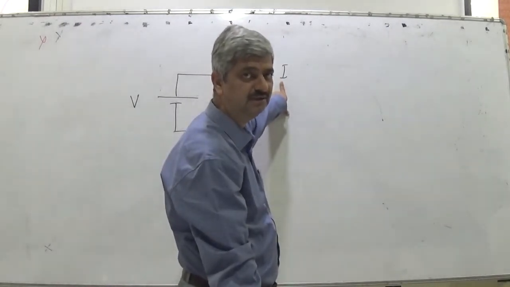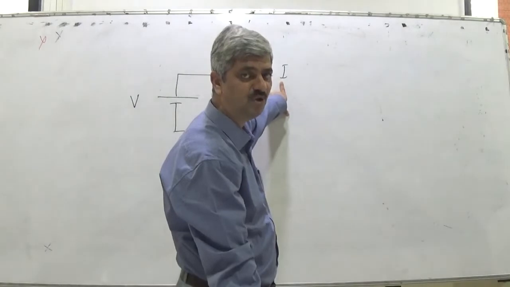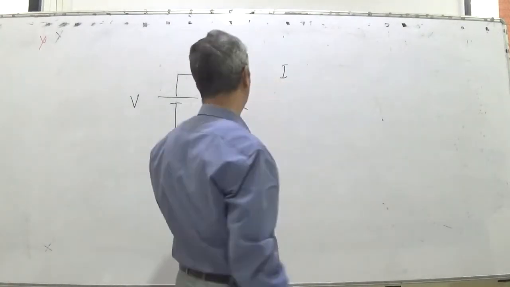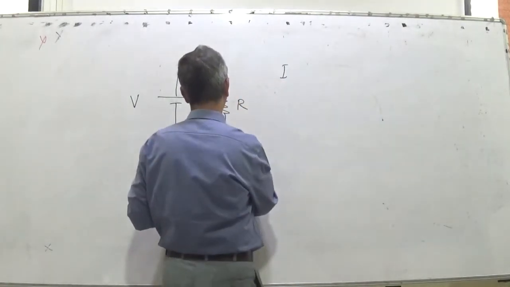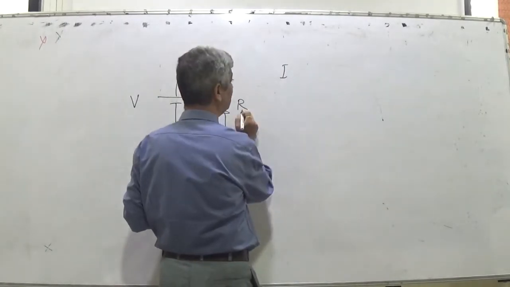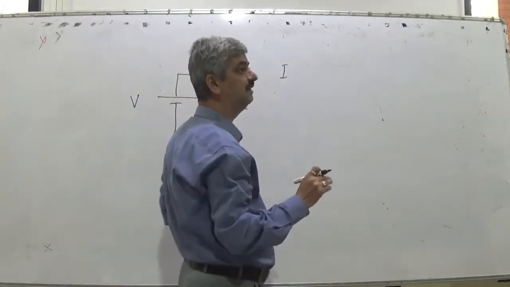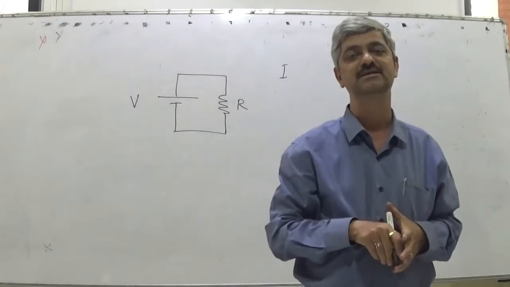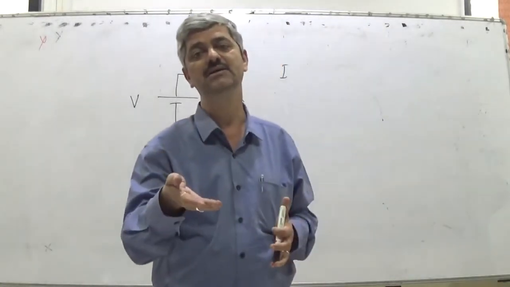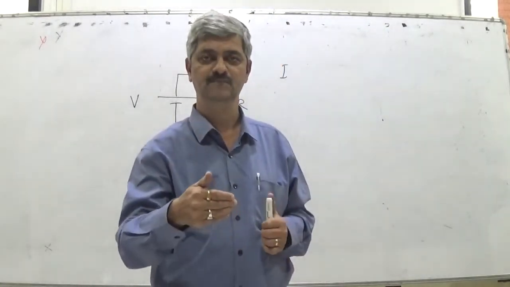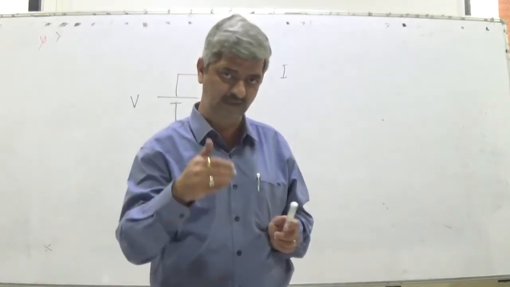Therefore, what is electric power dissipated? Power is energy upon time. Wattage.